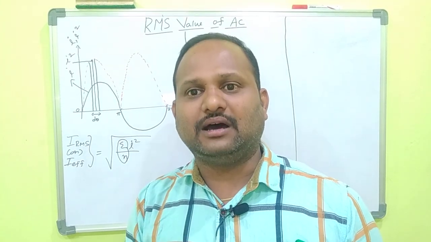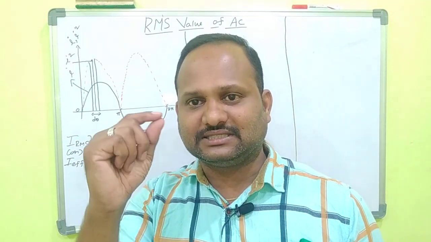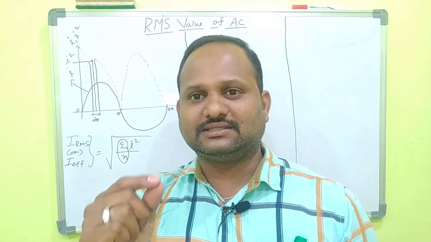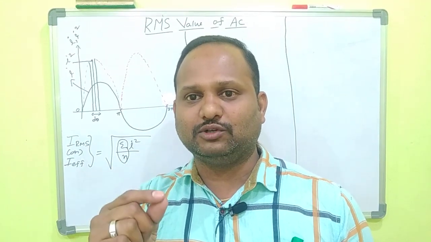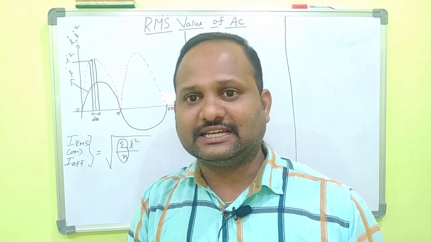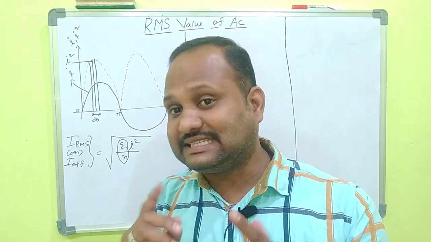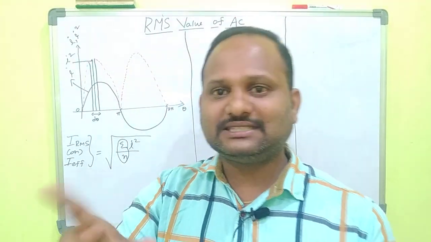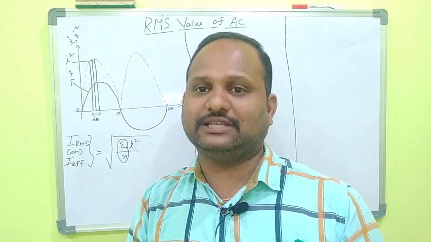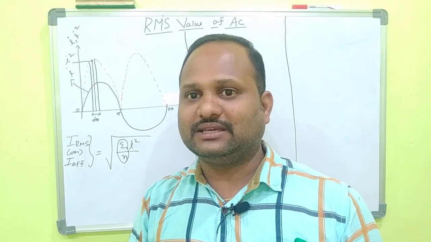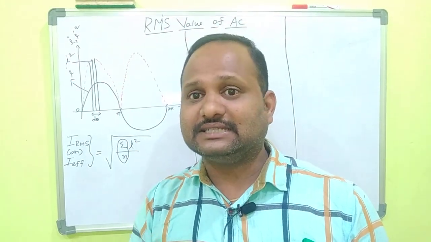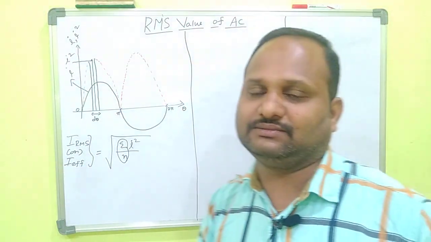So the RMS value of alternating current is defined as the steady current which does the same amount of work as the alternating current in the same circuit in the same time. Here the heat is the same, the work is the same, and the power is also the same. So we can represent alternating current in terms of RMS.